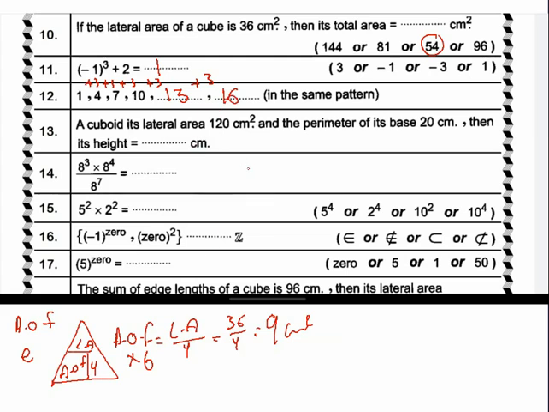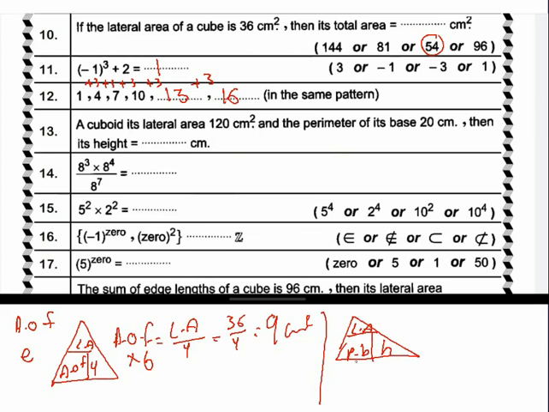Cuboid lateral area 120 and the perimeter of its base 20, then the height. From the magic triangle, the lateral area equals perimeter of the base times height. If you want the height, hide the height. What is the rest?